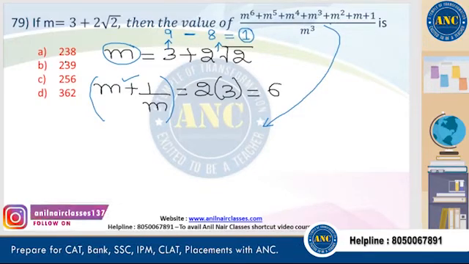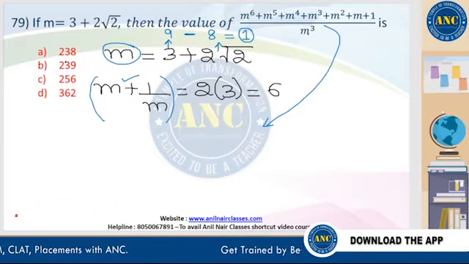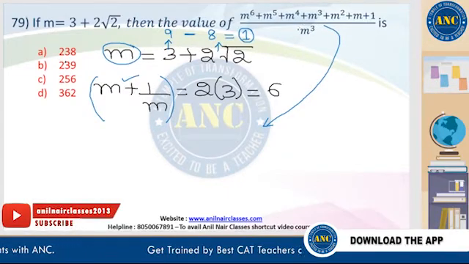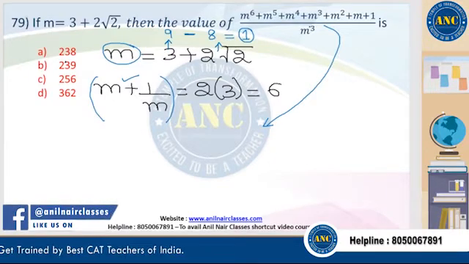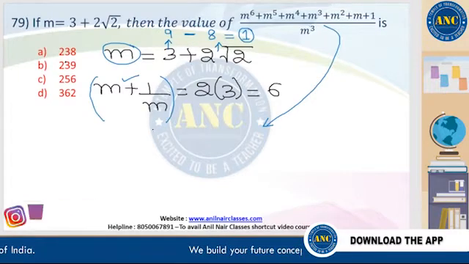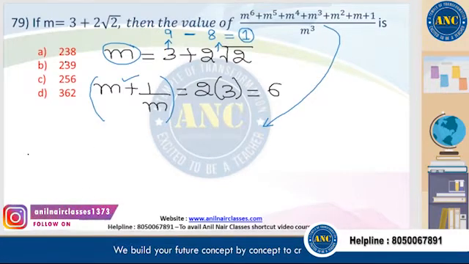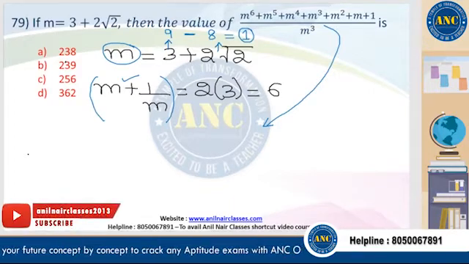In the denominator only one term is present, so you can directly divide m power 6 by m power 3, which is m power 3.